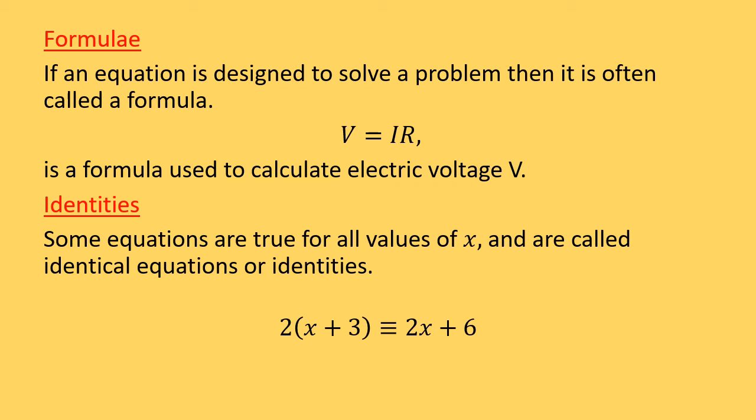Strictly speaking, identities should be written with a special symbol like this. 2x plus 3, we call that symbol its identity. 2x plus 6.